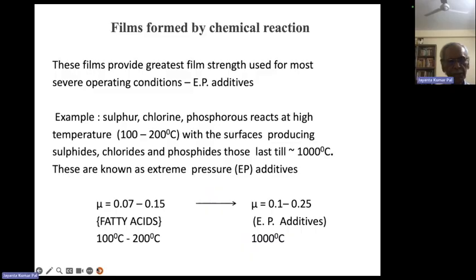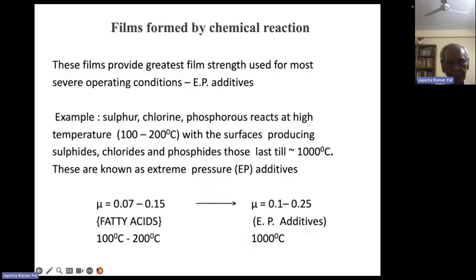The examples for these types of films are obtained by adding sulfur, chlorine, phosphorus, etc., which react at high temperature, 100 to 200 degrees centigrade, with the surfaces, and produce sulfides, chlorides, and phosphides. And these last till thousands of degrees centigrade.